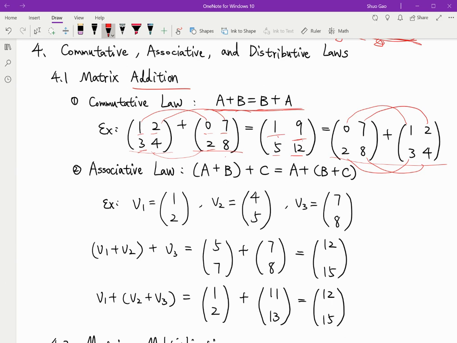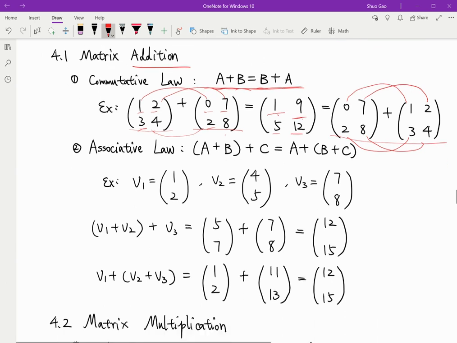Second is called associative law. It just means that the summation of A plus B and then plus C equals A plus the summation of B plus C. Okay, so for example, we use the vectors as an example.